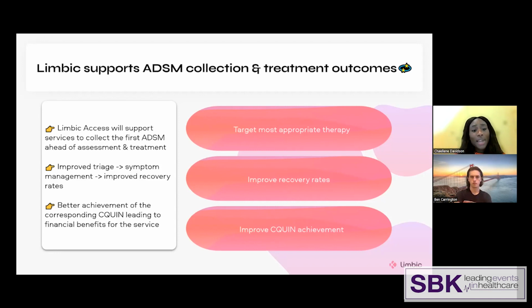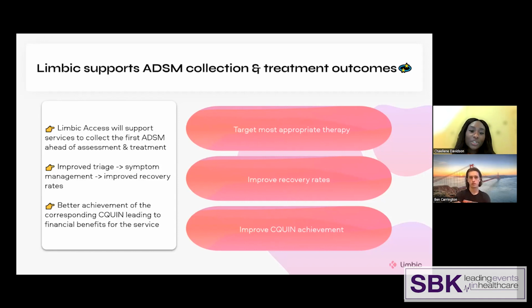So this is paid from the national team to the commissioner and passed on to the provider for service improvement. So all in all, not only are we delivering clinical effectiveness, we also have this new digital innovation that supports financial sustainability as well. So we're really keen to see how that goes with our partner services going forward.